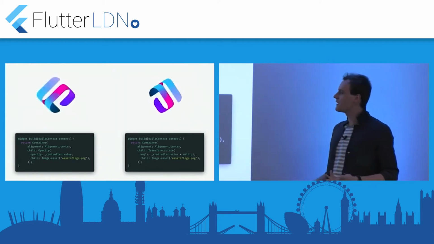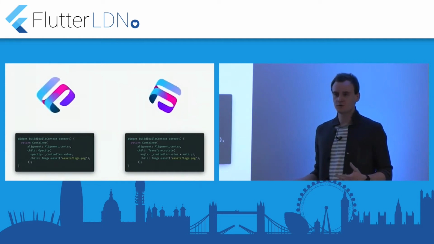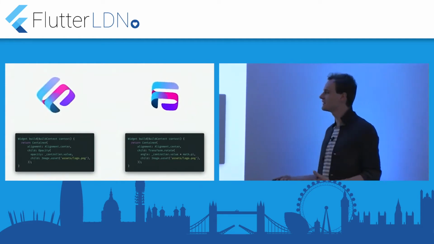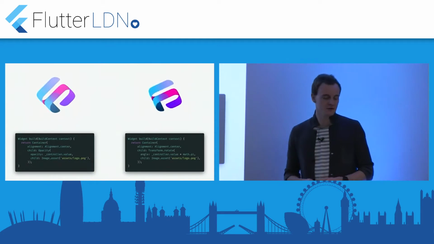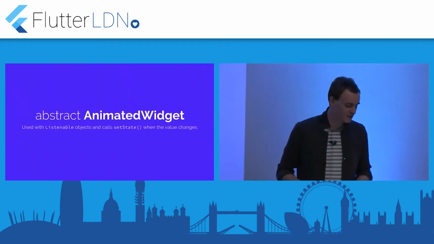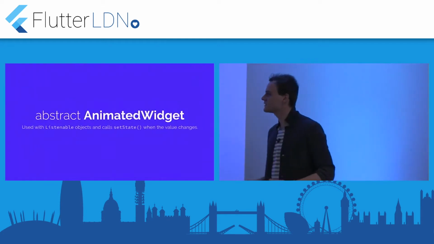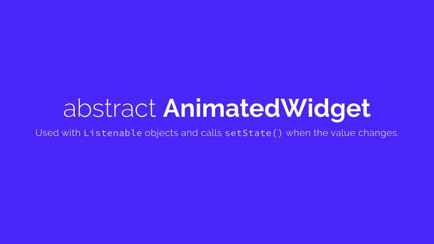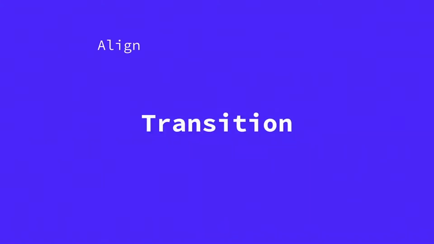But now you may ask, do we always have to call set state? It's quite a lot of boilerplate code. There's actually help for that: the abstract animated widget. This is used with listenable objects and calls set state internally, so you don't have to in your code. Flutter also comes with a lot of pre-manufactured animated widgets, which are called transitions in the end.